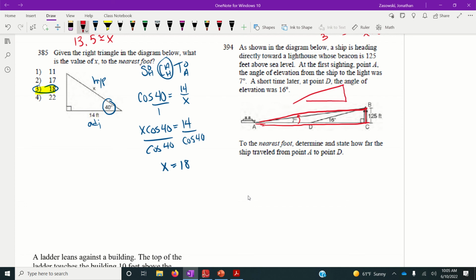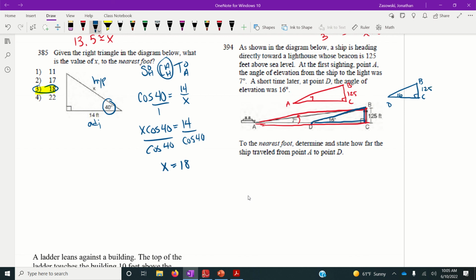We have triangle ABC, which has an angle of elevation of 7 degrees and a height of 125. And we also have a ship that moved up to point D now, and the angle of elevation to point D is 16 degrees, and the height is still 125. So D, B, C.